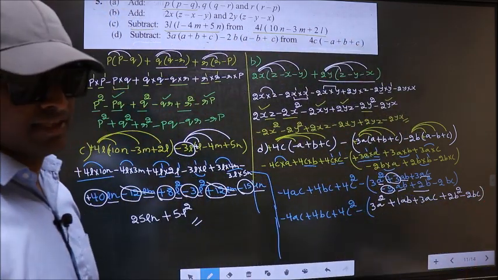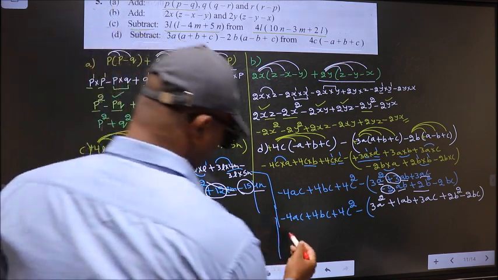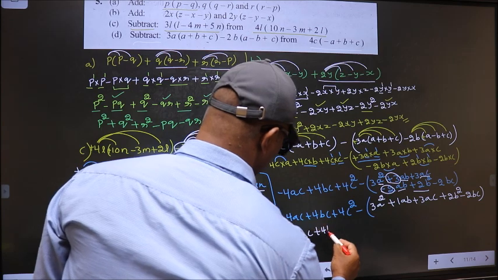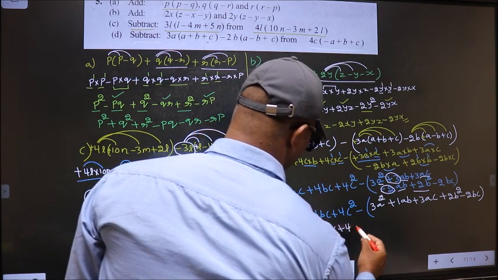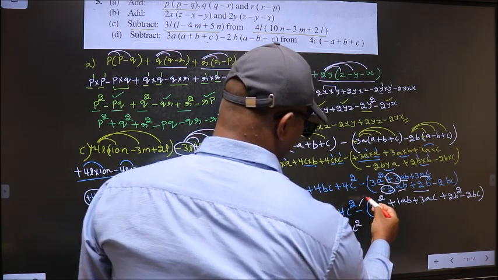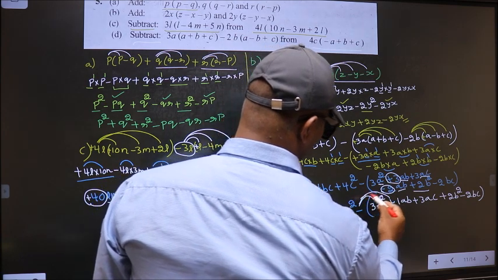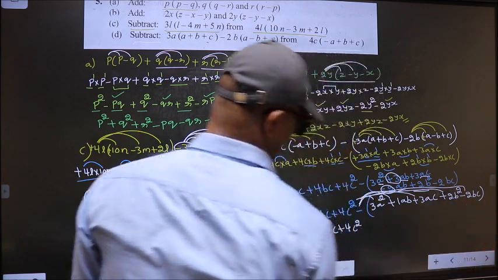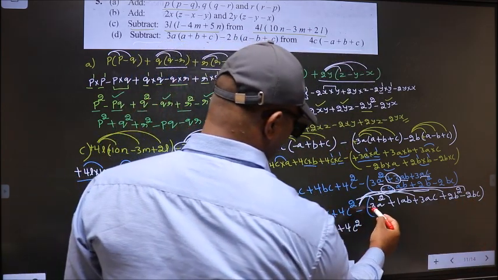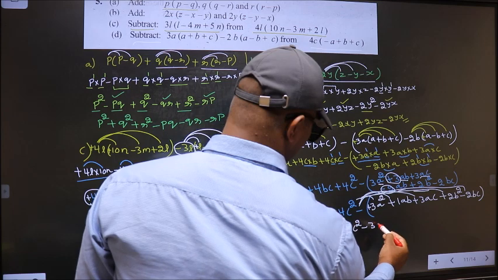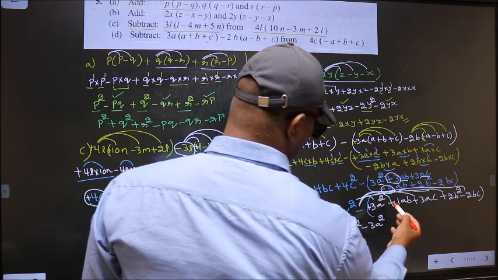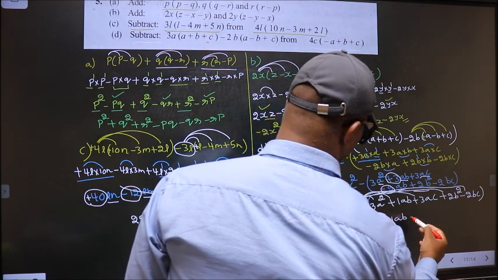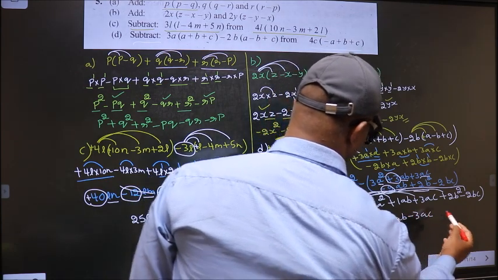Okay. Next. Minus 4AC plus 4BC plus 4C square. Now you should open up the brackets in this way. So minus into plus, minus 3A square, minus into plus, minus 1AB, minus into plus, minus 3AC.